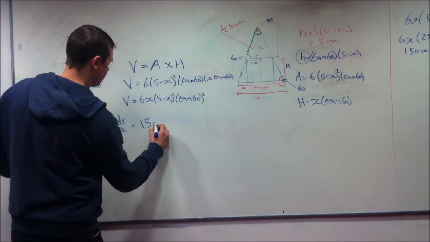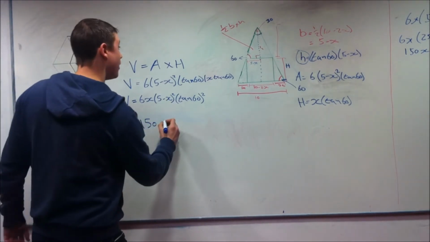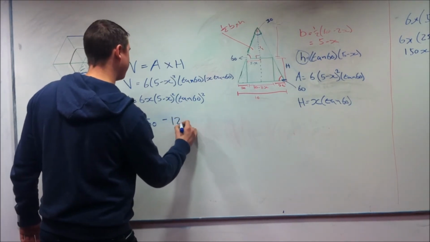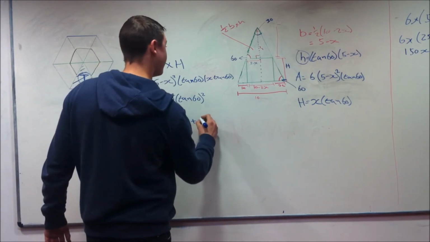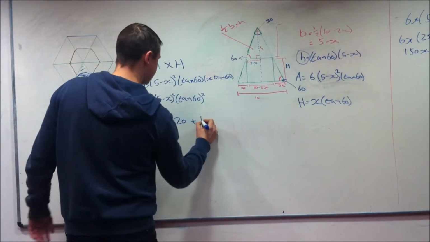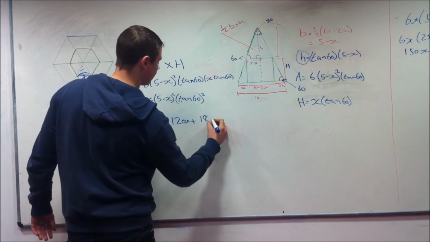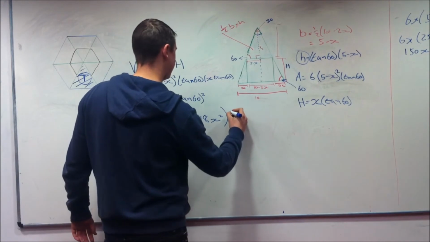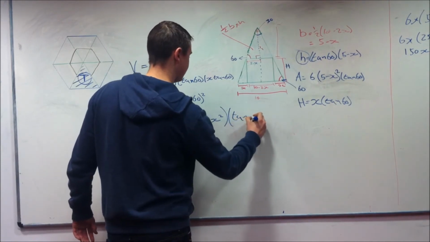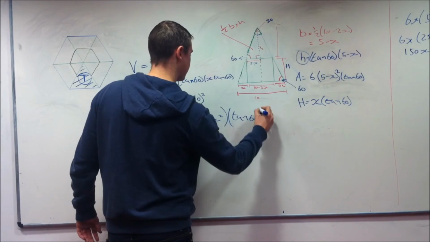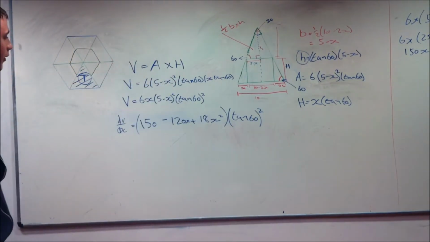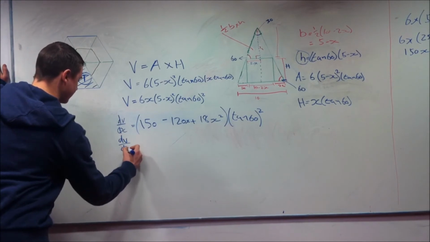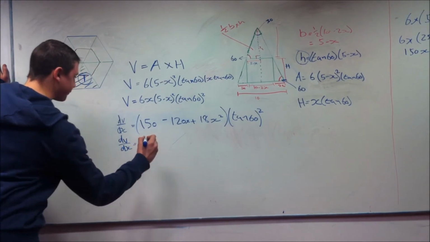150 minus 120x plus 18x squared, and that's all going to be times by tan 60 squared. Right, so to solve it when it is a maximum, we're going to have to set dV over dx equal to 0.